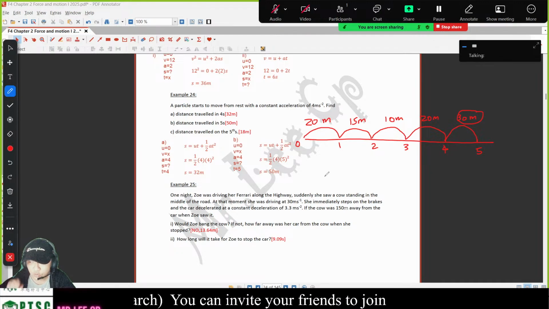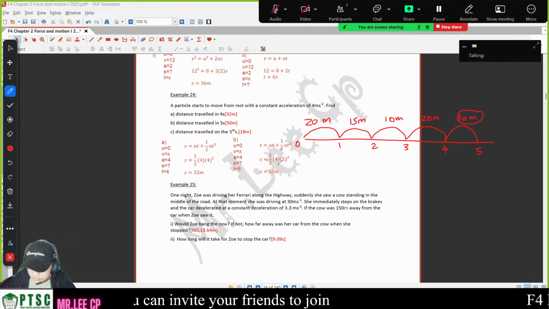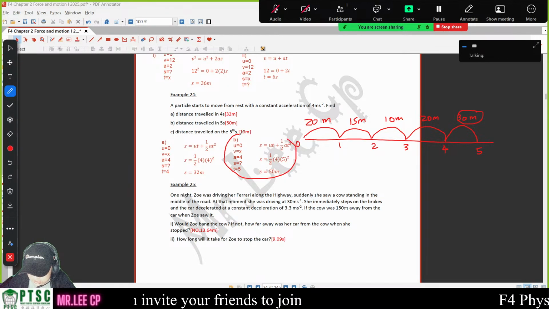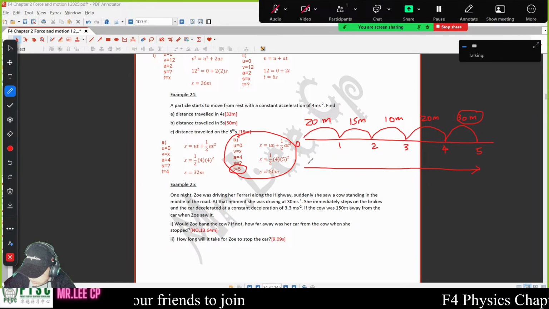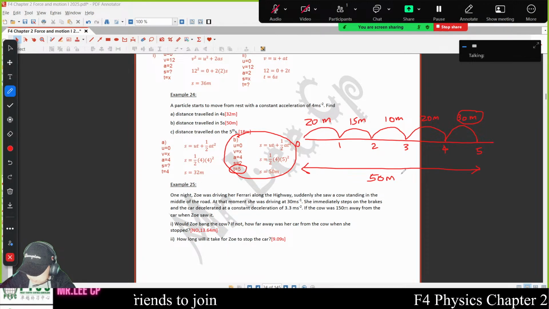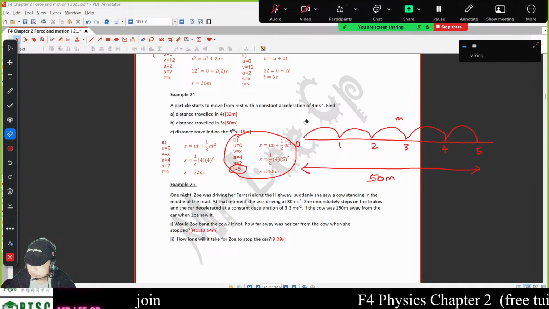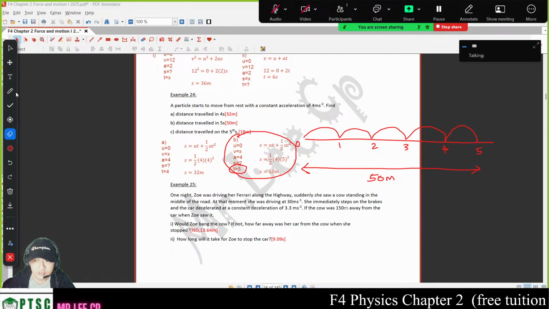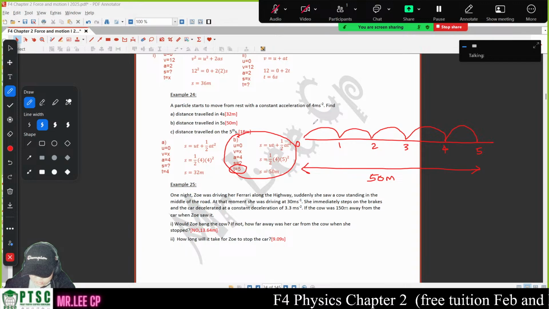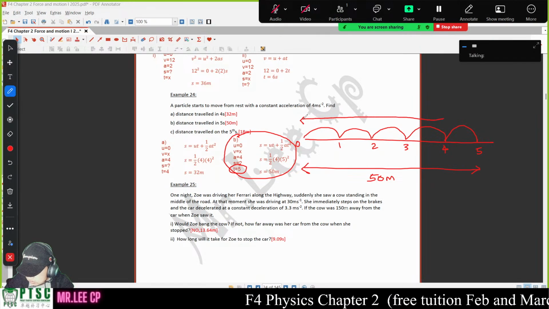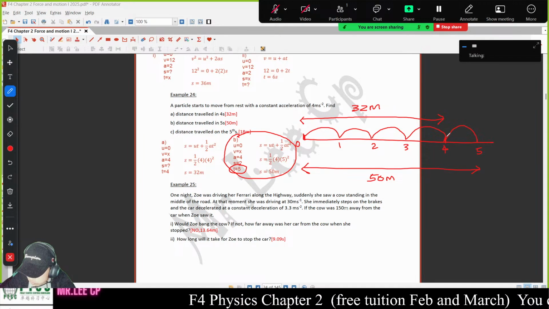So I don't care about the earlier part. How far do I move? All right. So I know in this B here, in 5 seconds, from here to here, I move 50 meter. But in 4 seconds, I move 32 meter altogether.